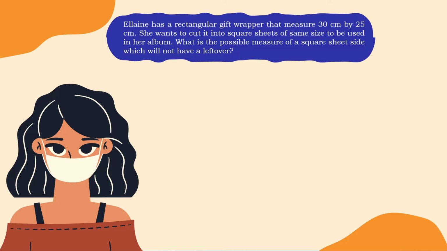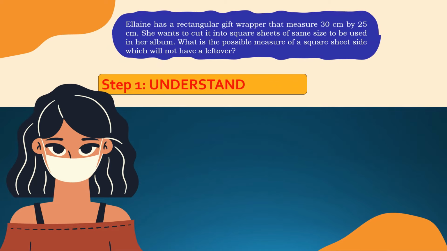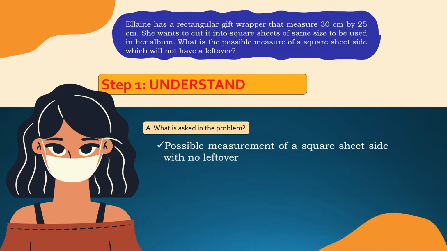To solve this, we must follow the steps in solving word problems. Step 1 is understand. We need to identify what is asked in the problem. So in this case, we are looking for the possible measure of a square sheet side with no leftover.